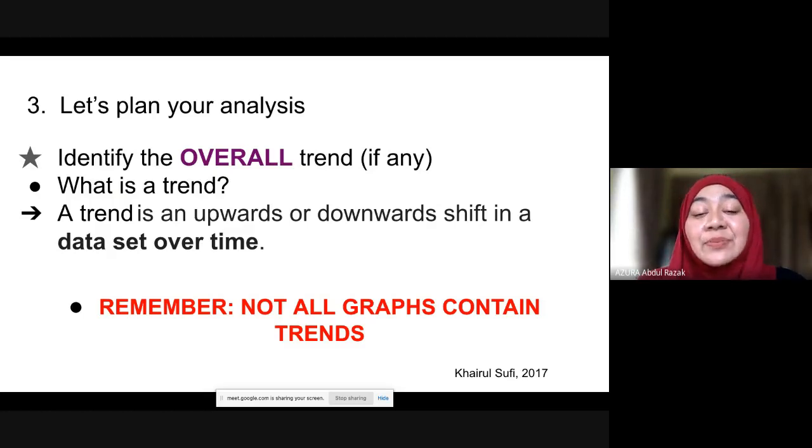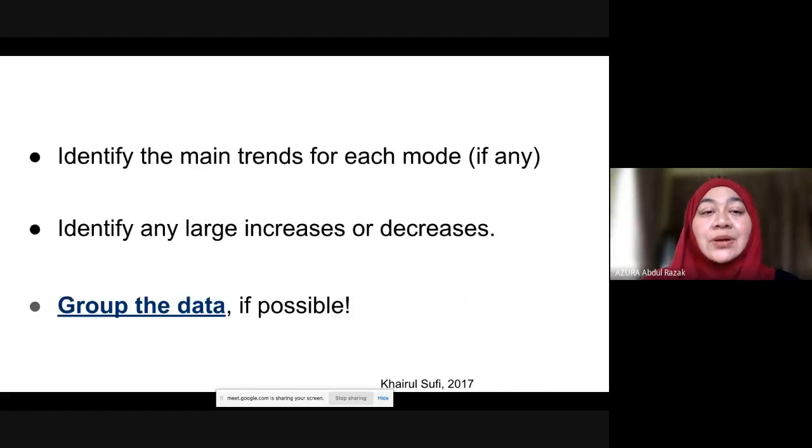And you have to bear in mind that not all graphs contain trends. So don't put there the overall trend is blah, blah, blah for all the graphs. No, make sure that there is an upwards or downward shift in the data over a set of time. So identify what the main trends are for each mode, if any.